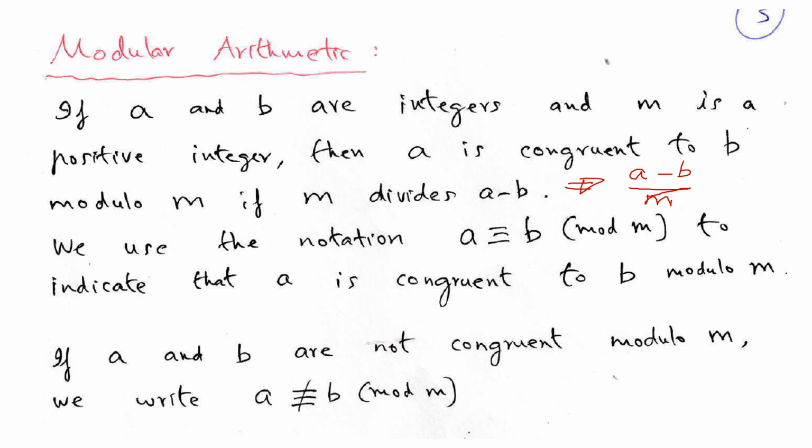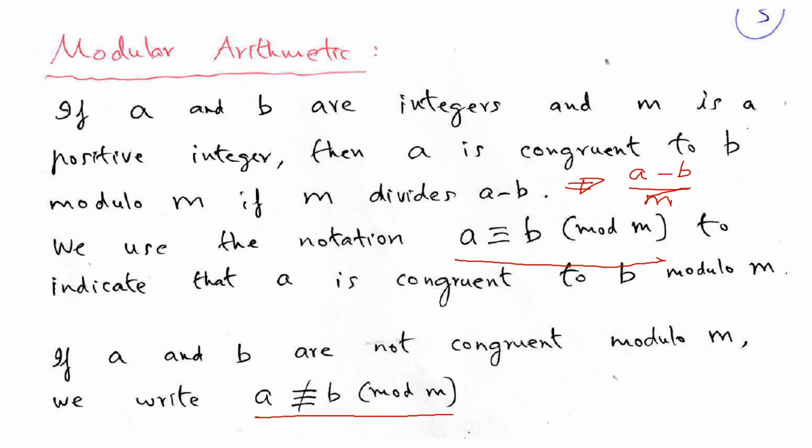Okay, so you have to check if you get this as an integer. If it is exactly divisible, you will get an integer. So if it is an integer, then we can say a congruent to b mod m. Otherwise, if you are not getting it as an integer, if it is a fraction, then we conclude that a and b are not congruent modulo m.